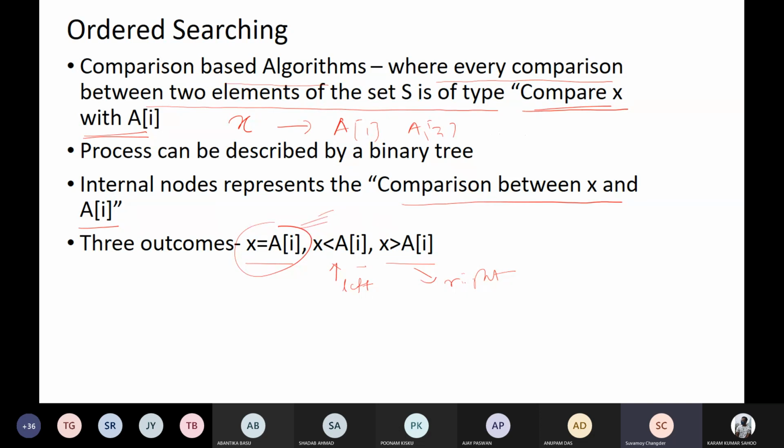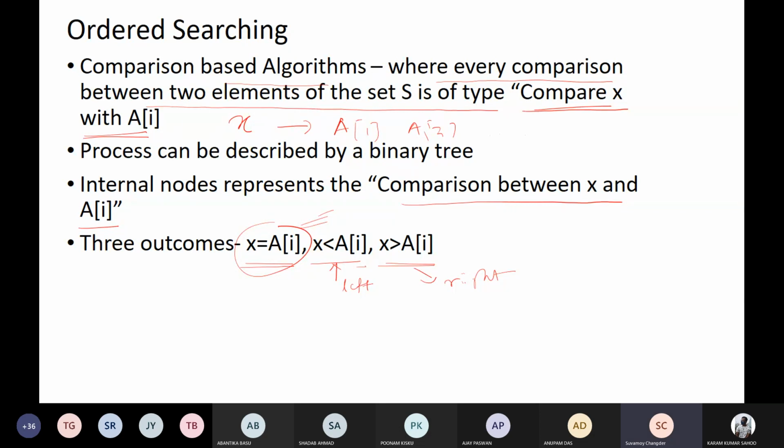But here, our target is to find the lower bound, that is, the minimum number of steps required for a random element. So, unsuccessful, okay. This is the worst case: the minimum time required in the worst case. Here we have three outcomes: less than AI, equal, and greater than AI.